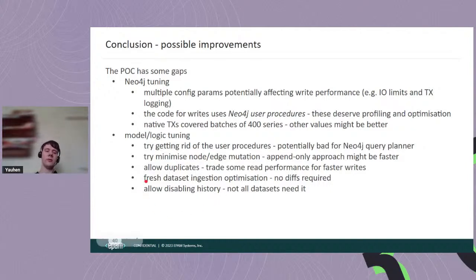And finally, not all the cases are even, and probably sometimes it makes sense to disable such features as history tracking. For example, in case someone wants to experiment with data in a sandbox environment, which is quite different from production, where we need to deal with such things as audit, security, etc.